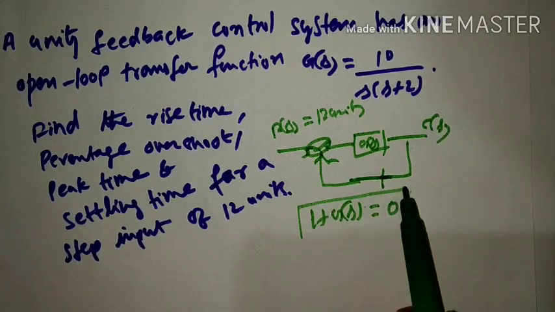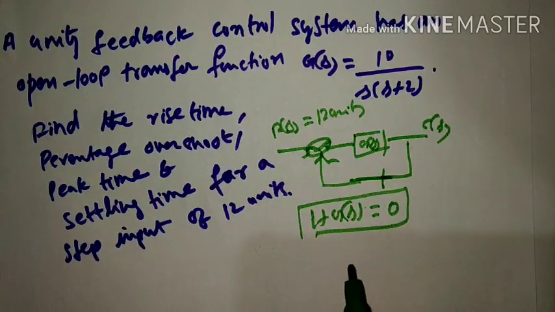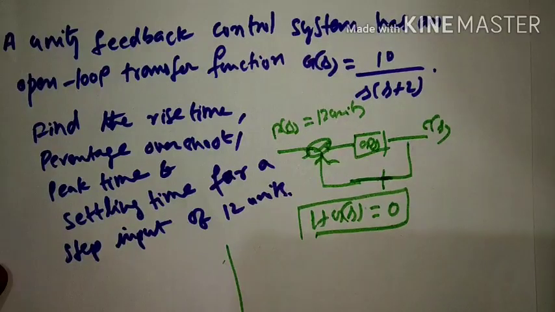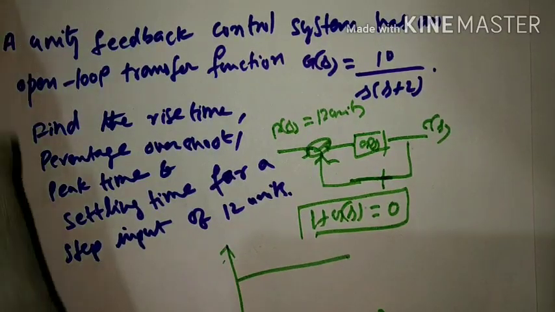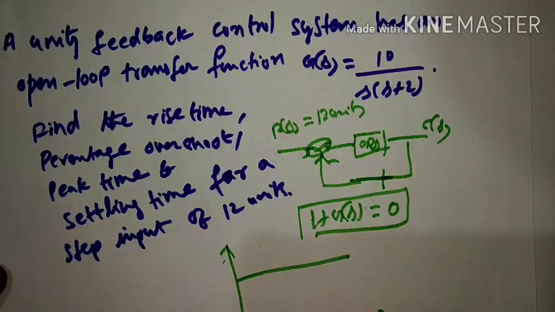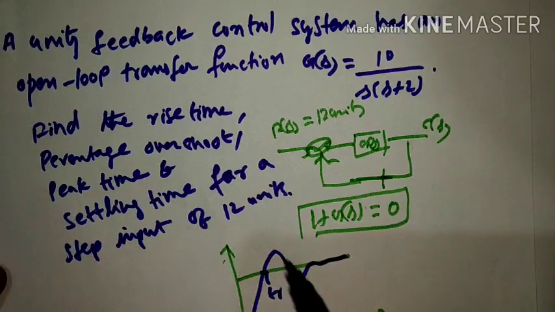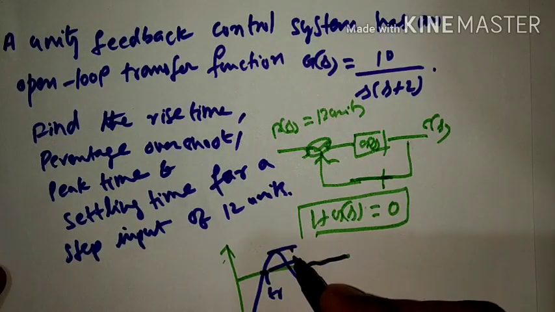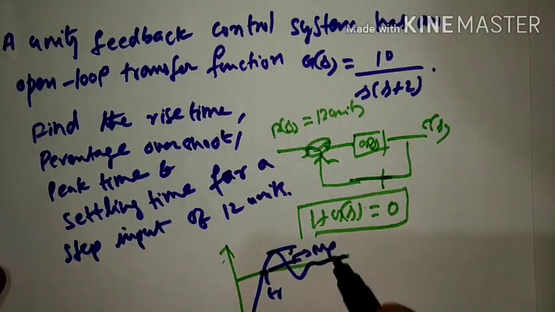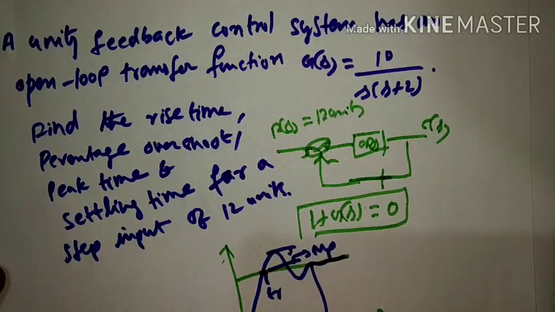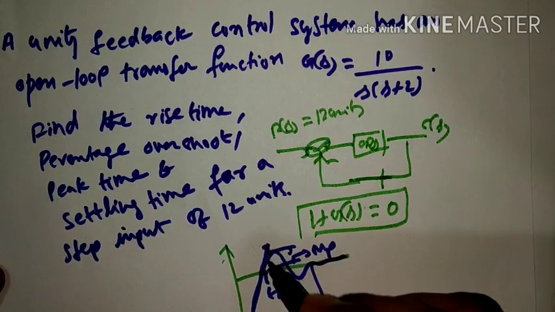Okay, so from this characteristic equation, what you have to find is the rise time Tr, and also we have to find the percentage of maximum peak overshoot. Okay, and also you have to find settling time Ts, and also the peak time Tp.